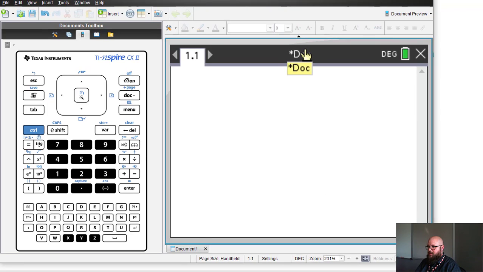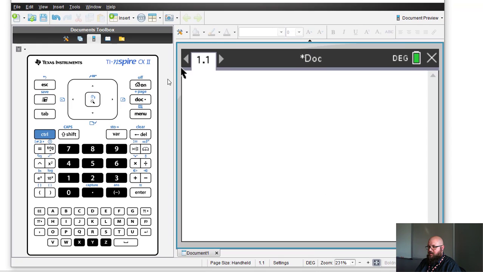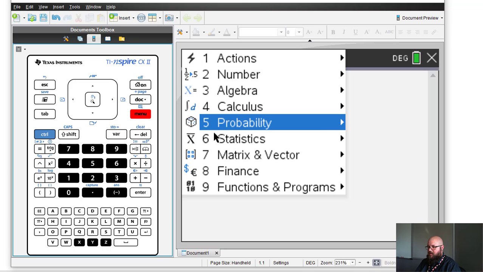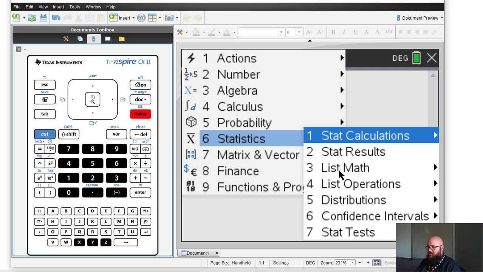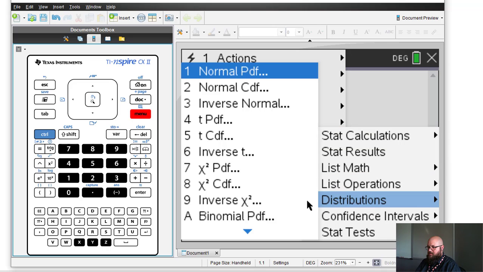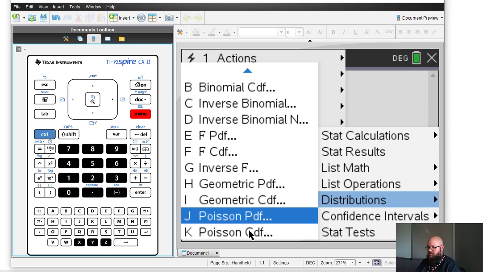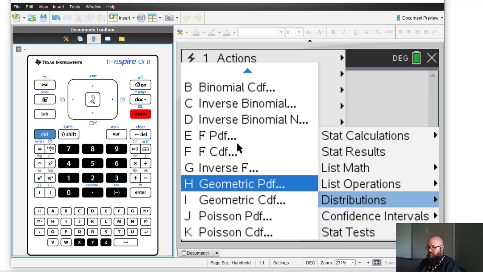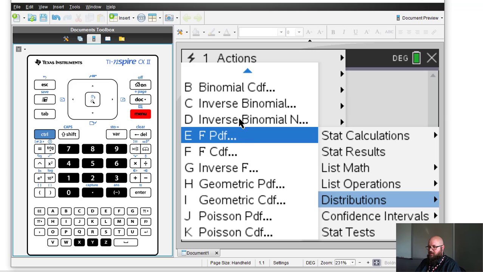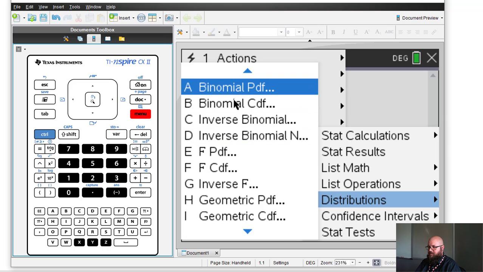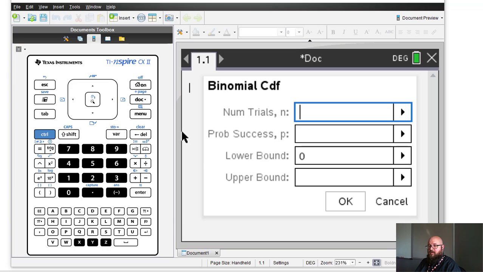If we go to menu, statistics, distributions, I should be able to scroll down a little bit. Oh, there it is, sorry, a little too far: Binomial CDF. In here, the number of trials is 500.